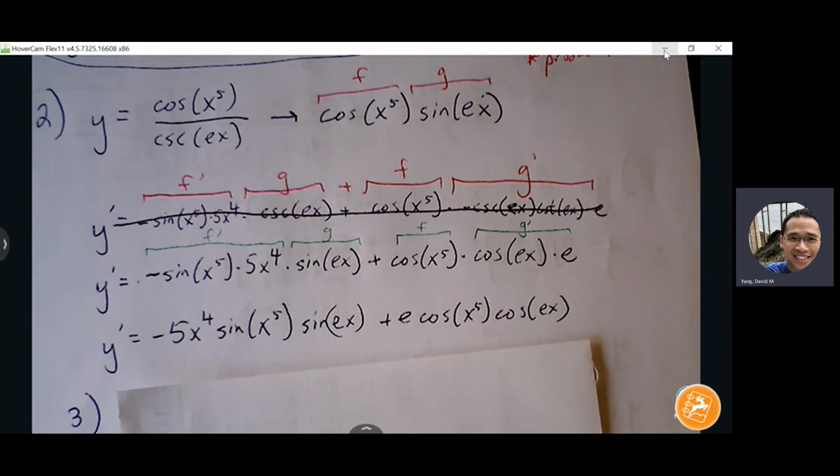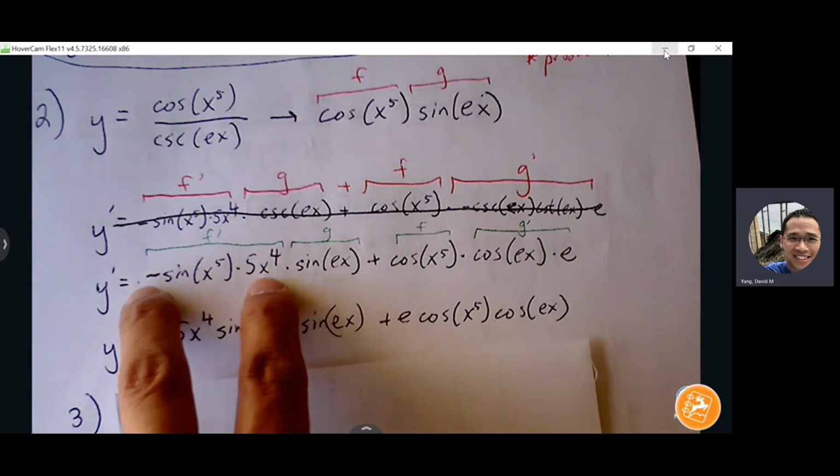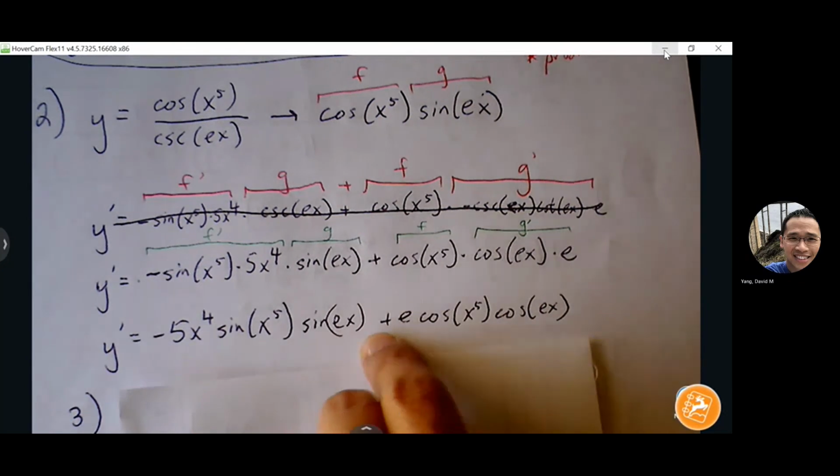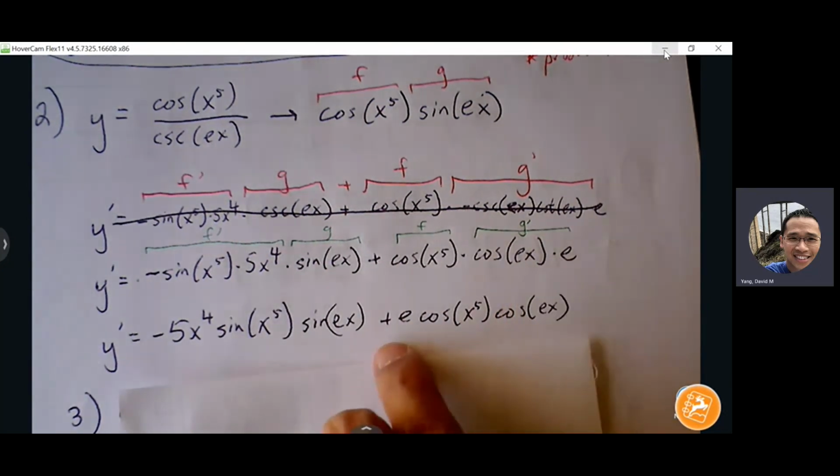Sine u becomes cosine u times u prime. Not much in terms of cleaning up. I just put the coefficients that I can in front. The only coefficient I can do with the second set of terms there is bring that e in front.